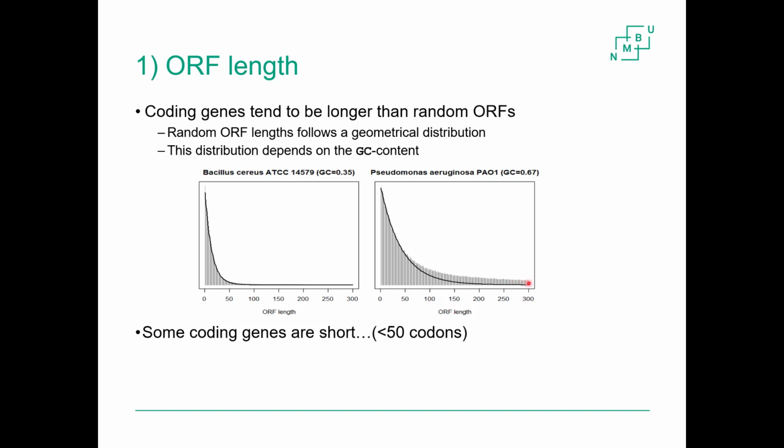If you find some really long ORFs, they are almost certainly real genes, because the probability of being that long is kind of small. However, there are some ORFs who are long, we should remember. Also, I should mention that software like Prodigal that we will use will discard ORFs below 30 codons.